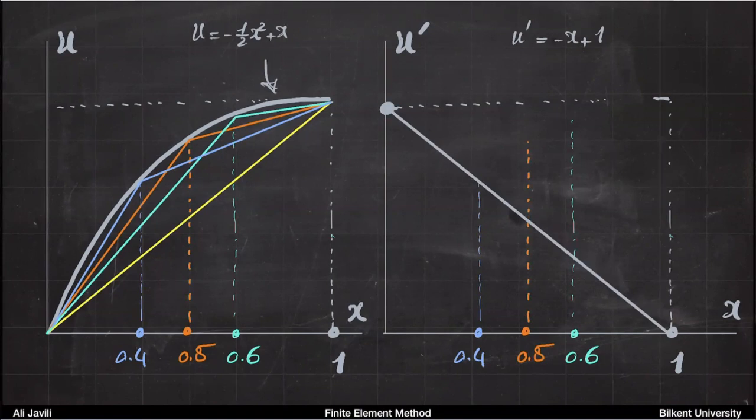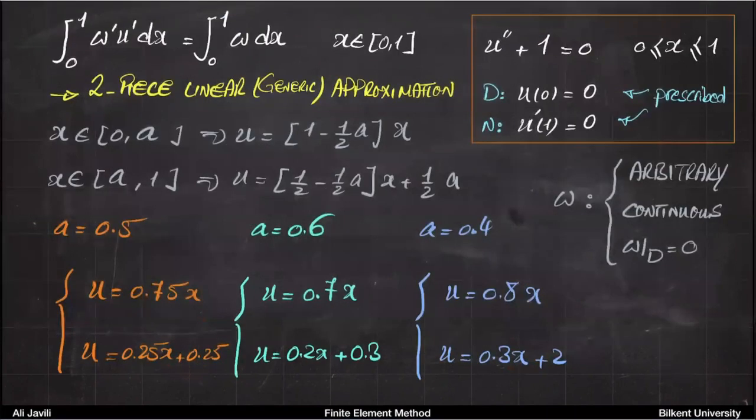Now, if you think of the orange curve, the orange curve is the one corresponding to 0.5. So that is a two-piece uniform. And if you remember, for a two-piece uniform, we have the slopes for each piece.